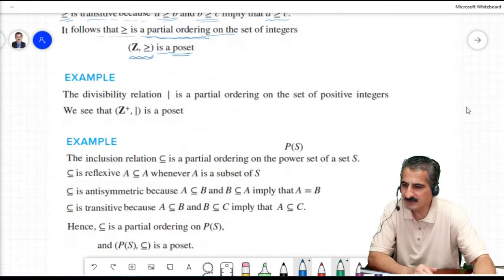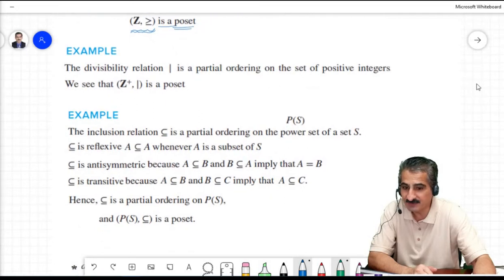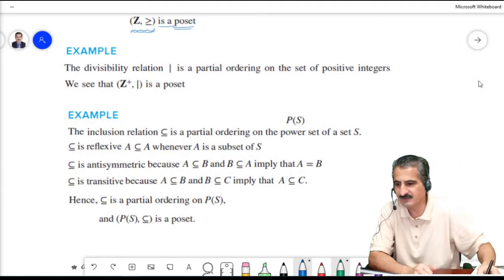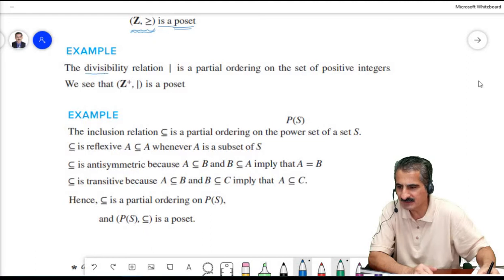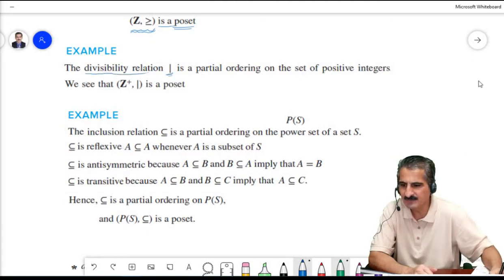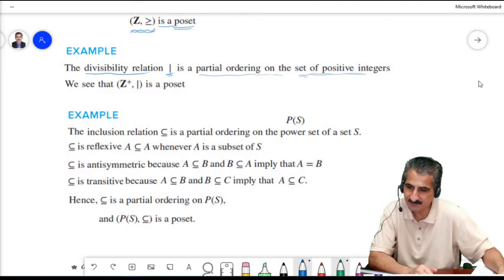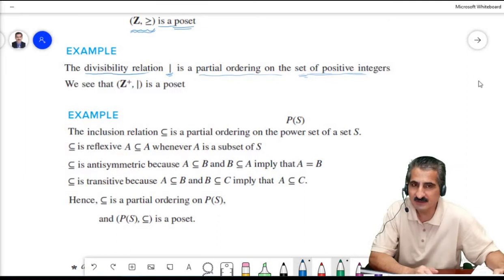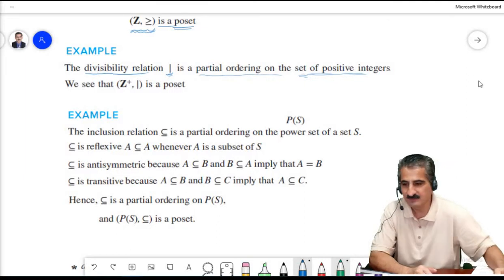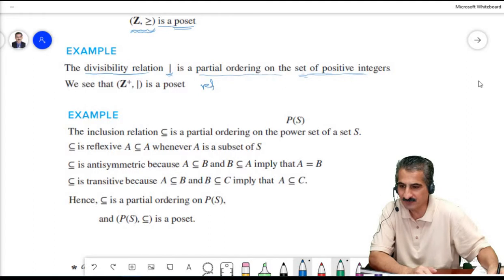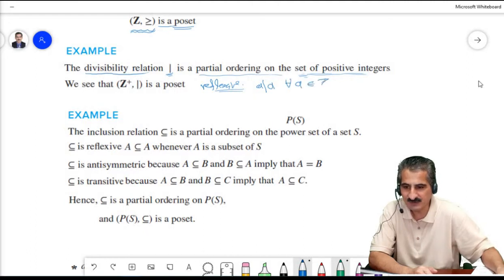Now another example on the set of positive integers: the divisibility relation. This is how we denote it. It is a partial ordering on the set of positive integers. We need to prove that. Reflexive, so I will do it quickly. This is true because A divides itself for every A in the set of integers.